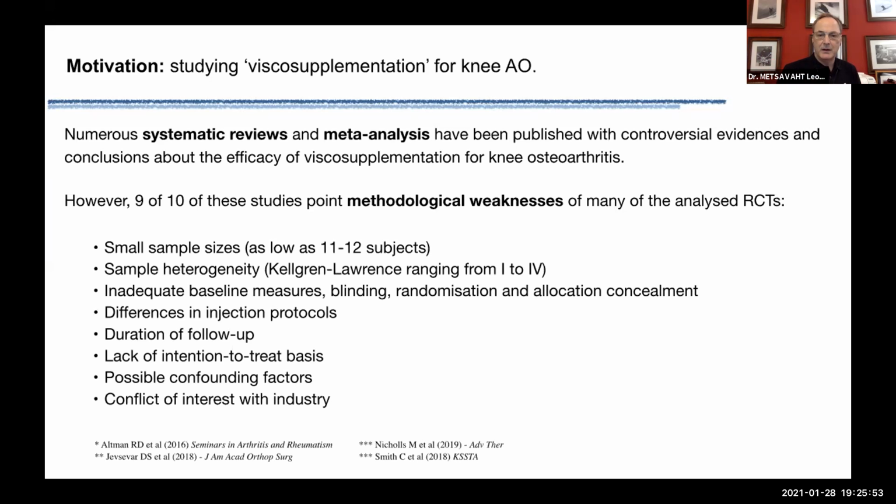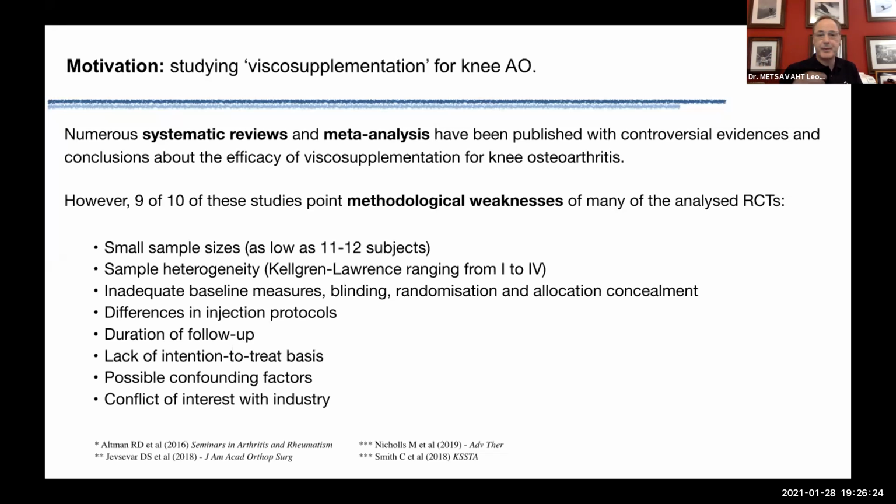Heterogeneity with Kellgren-Lawrence ranging from 1, where maybe just an insole would help this patient, to 4, where a total knee would be needed. So it's very heterogeneous. Inadequate baseline measures, problems of blinding, randomization, allocation concealment, different injection protocols.